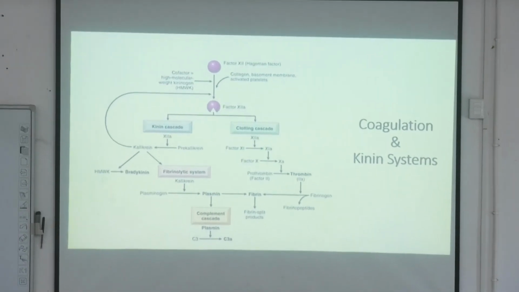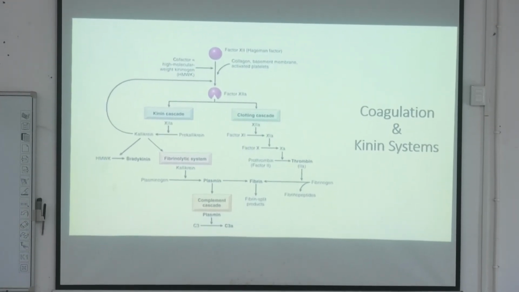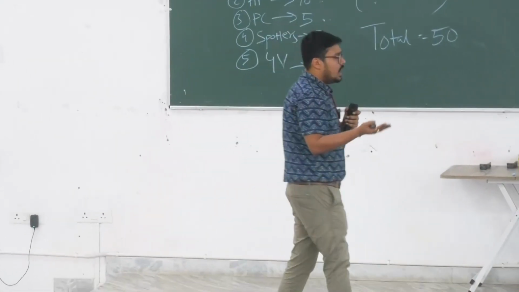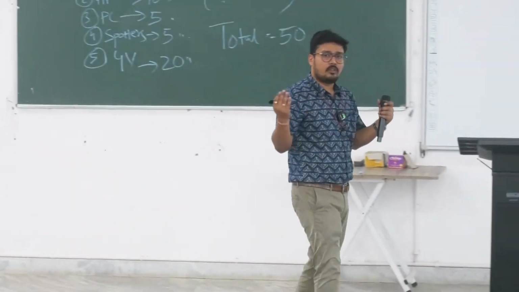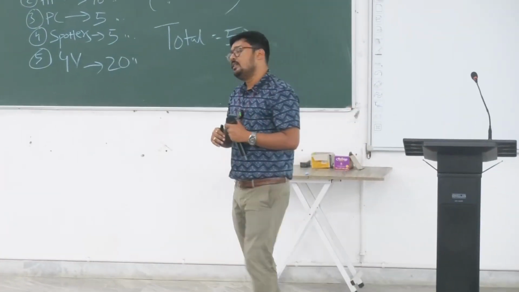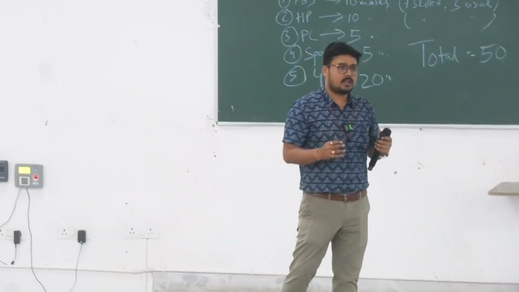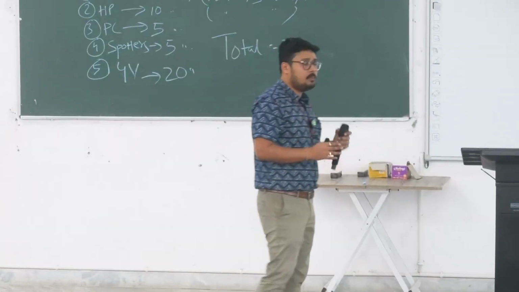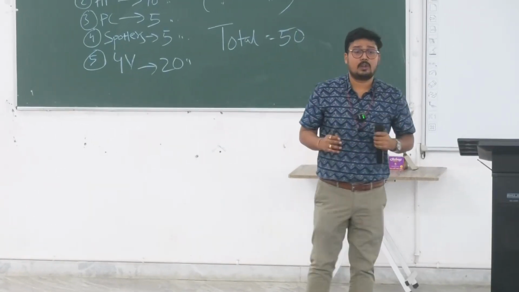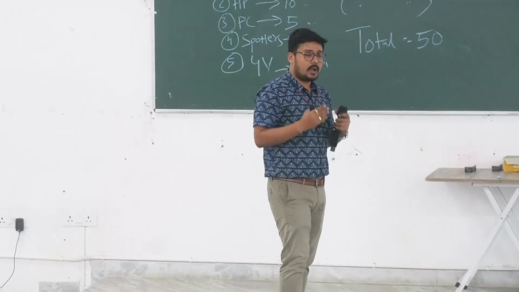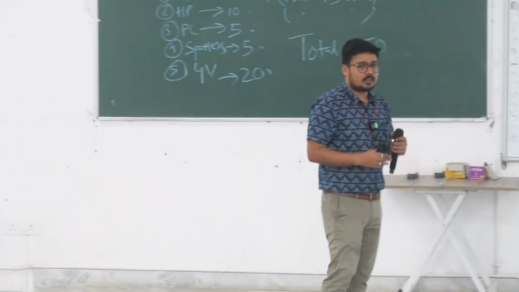For coagulation, just know that there are two pathways, the intrinsic pathway and the extrinsic pathway. Both converge to a common pathway. There are 10 to 12 coagulation factors, and they help in acute inflammation by formation of a blood clot and dissolution of the blood clot following vascular stasis.